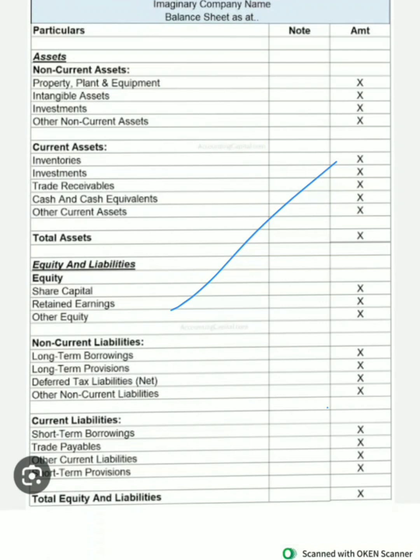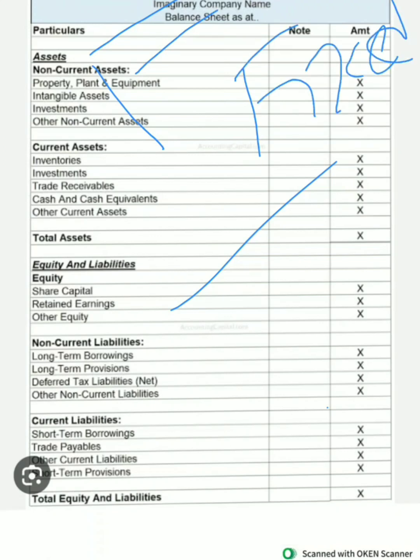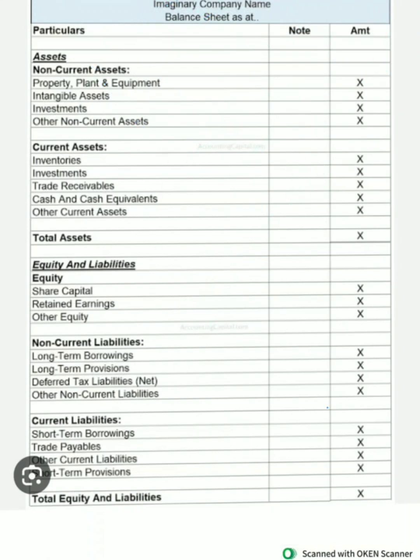Then assets. Here we know assets are classified into two types, non-current assets and current assets. Non-current assets can also be called fixed assets. Under non-current assets, some assets are tangible, some are intangible. Both come under the head of non-current assets only.